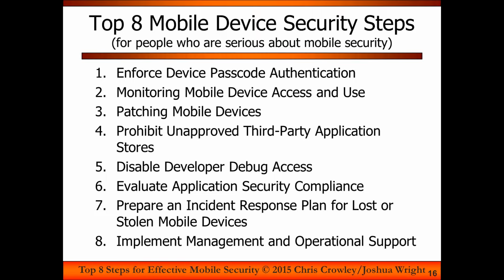These 8 items are: enforce device passcode authentication, monitoring access and use, updating the devices on an ongoing basis, prohibiting third-party application stores, disabling debug access, evaluating compliance associated with applications, preparing a response plan for when the device is lost or stolen, and having the appropriate managerial and operational support.